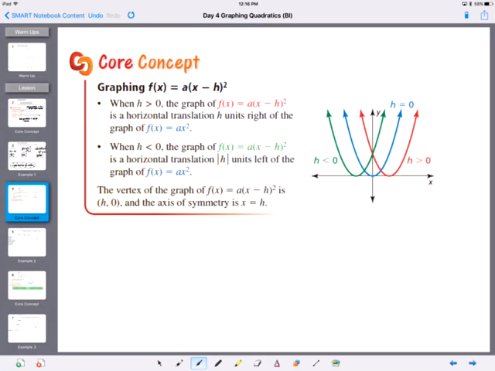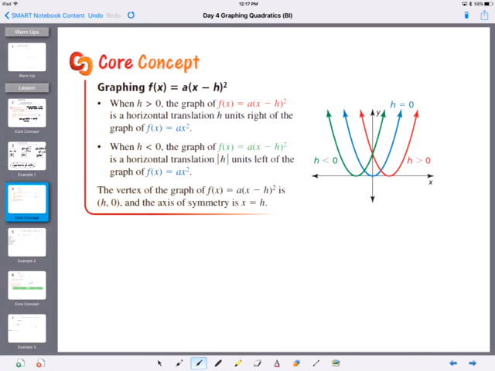The next core concept that we want to look at says when we have f of x is equal to a times the quantity of x minus h squared. When h is greater than 0, the graph of f of x equals a times the quantity of x minus h squared is a horizontal translation h units right of the graph. When we have h is less than 0, it is a horizontal translation, the absolute value of h, units left of the graph.